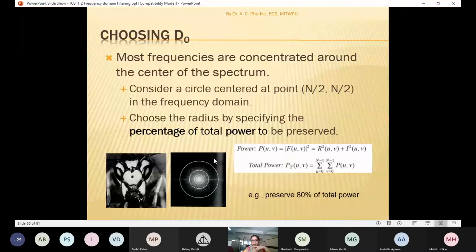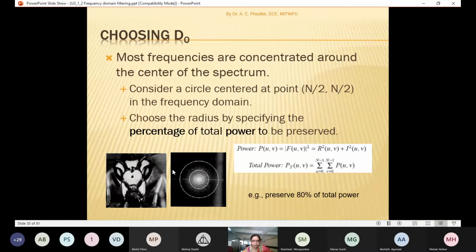If we look at the image, we can easily understand that if we choose a circle as shown here, at N/2, N/2, it covers almost all non-zero frequency coefficients. And if we select D0 at this particular location and apply this filter, we can retain almost the original image.